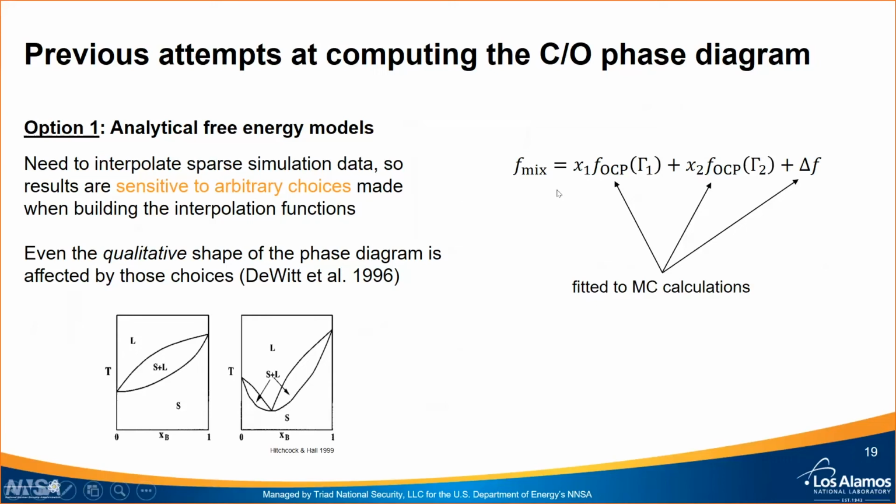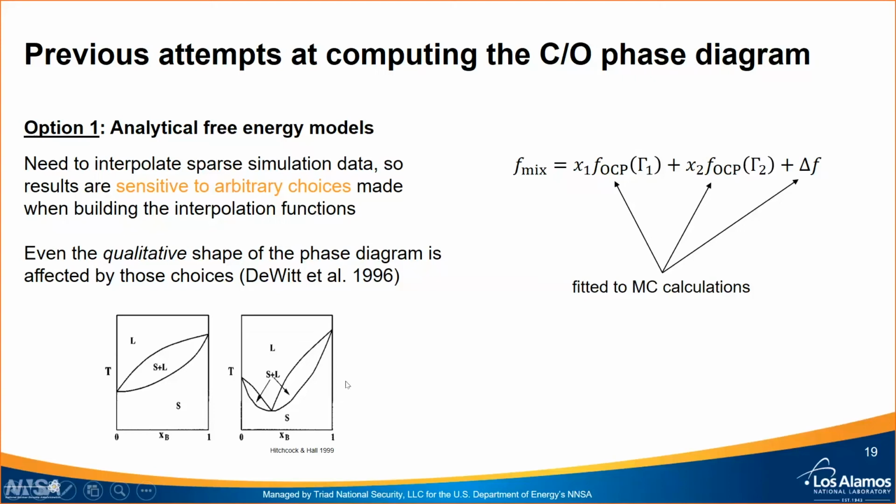The way this works normally is that people use those kinds of mixing rules where their free energy functions are fitted to the results of Monte Carlo calculations, typically. But what we see in the literature is that, depending on the arbitrary choices that are made for the functional forms of those fits, people can find very different results. It can be so bad as changing the qualitative shape of the phase diagram.